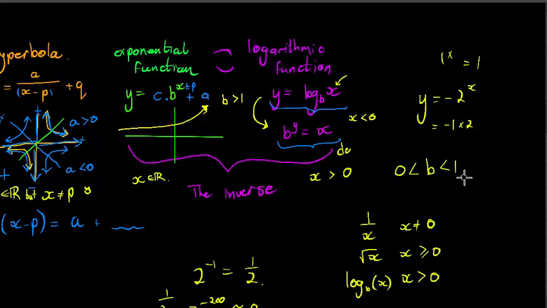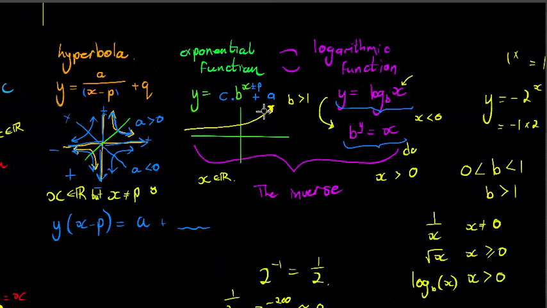B can be between 0 and 1, that will be one shape, or it can be greater than 1, it can't be equal to 1. Okay, so if my base is greater than 1, it will end up going up. If my base is smaller than 1, it will look like that. Okay, which means it will end up going down.